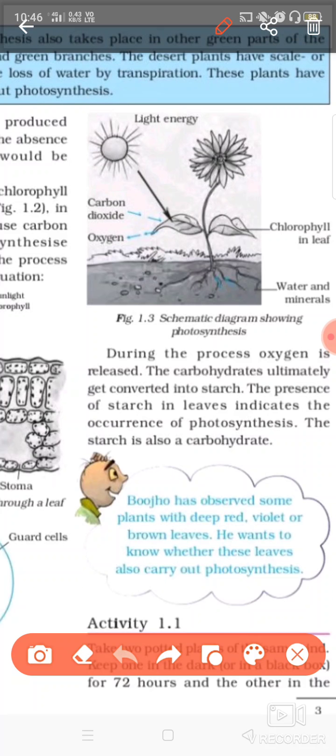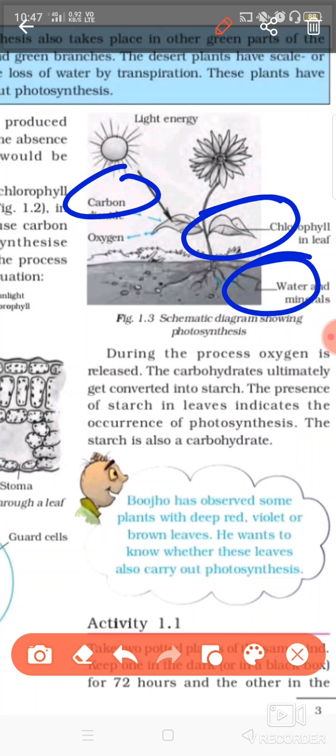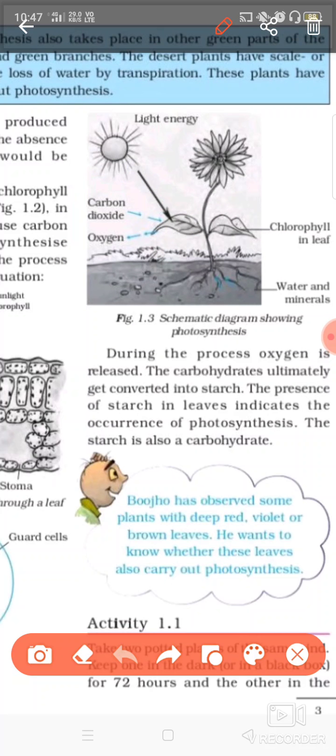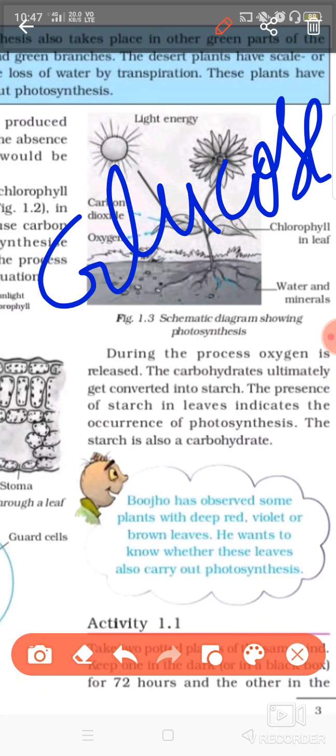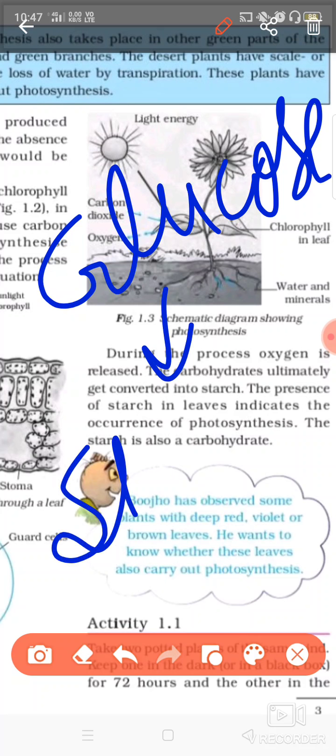This reaction I have written in your notes. You should learn that reaction. It is very important. So carbon dioxide and water are converted into glucose in the leaves and oxygen is liberated outside. This is how oxygen is produced by the leaves. This glucose is stored in the form of starch in the plant.